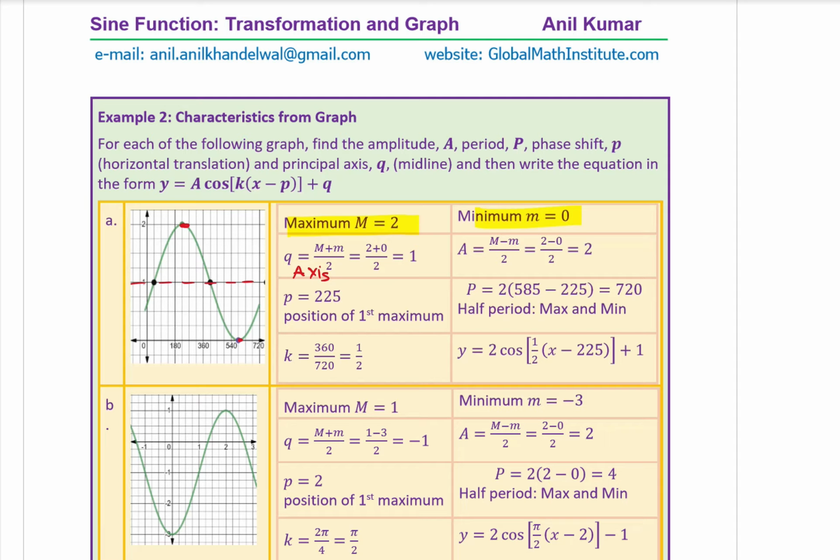We are writing capital M for maximum and lowercase m for minimum. So 2 plus 0 divided by 2 is 1. So the axis is at y equals 1. Now amplitude is the difference between maximum and minimum divided by 2, which is 1 here. This distance here is the amplitude, right? So that is the amplitude A.